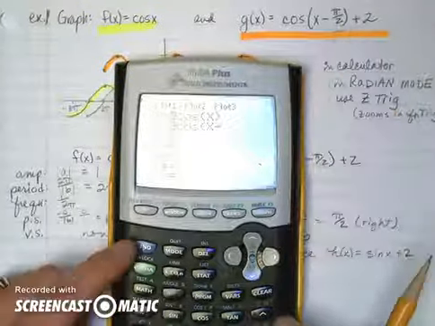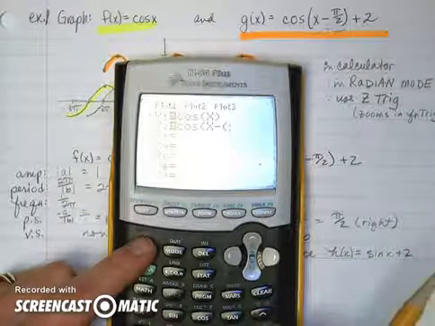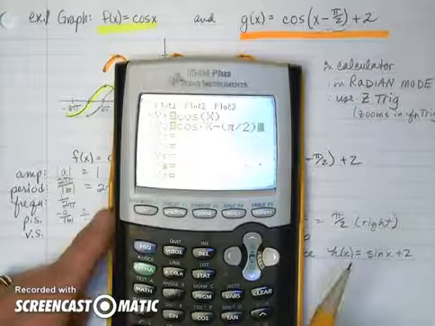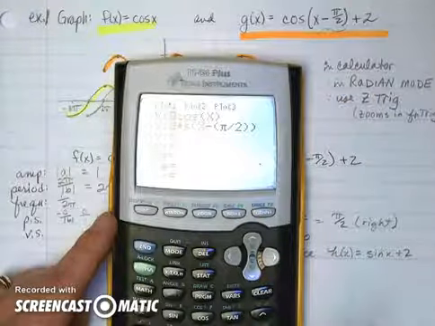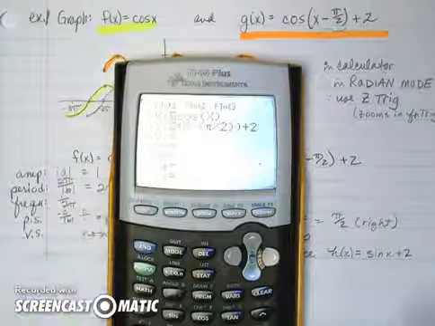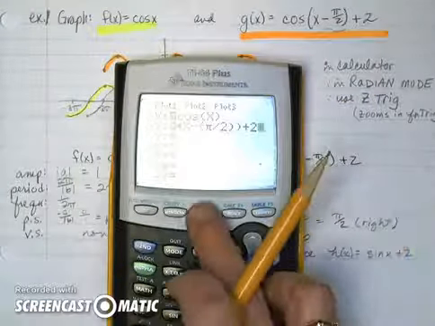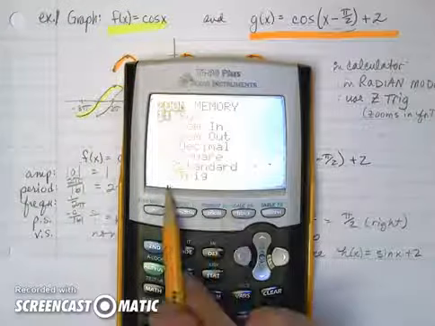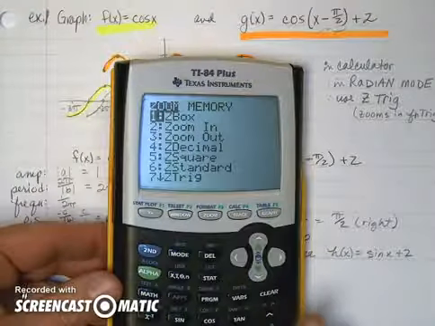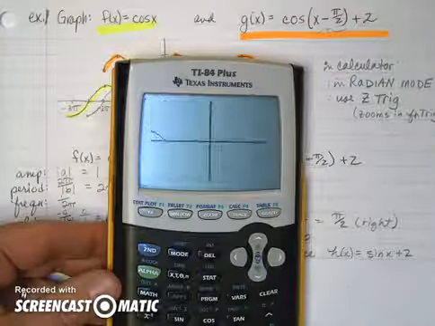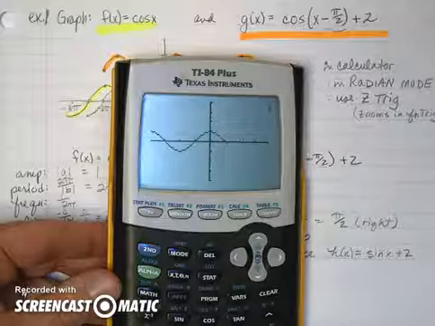So I need to do a parenthesis, pi divided by 2, and close that parenthesis again, and I'm going to add 2, add that shift on the end. Now I want you to watch what happens. I'm going to go to zoom, and I'm going to select number 7 here, ZTrig. I want you to see what happens when it graphs. There's my cosine graph.